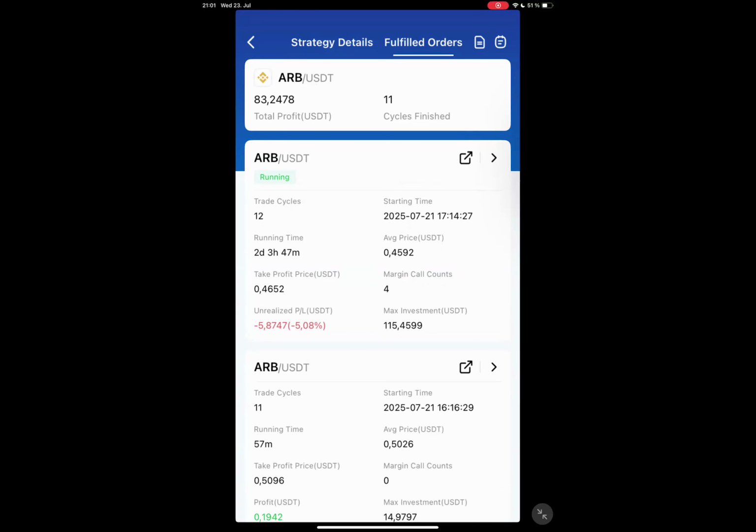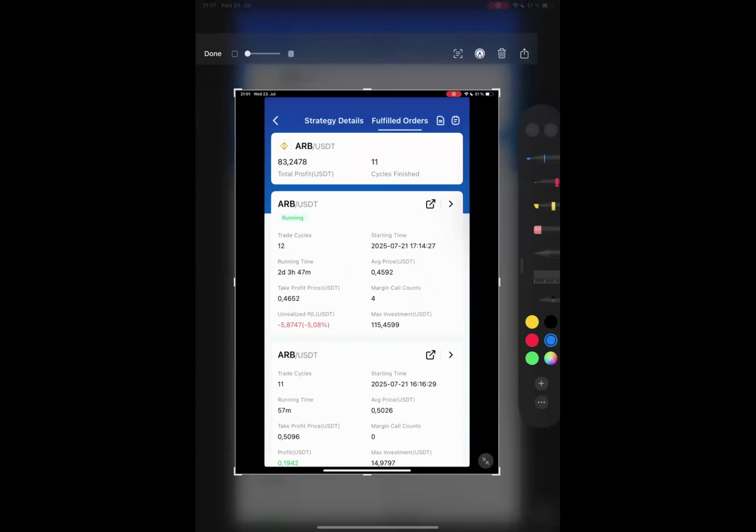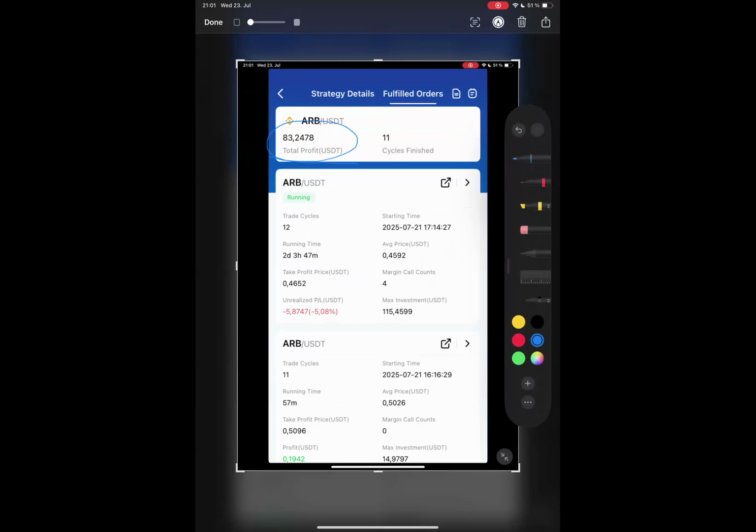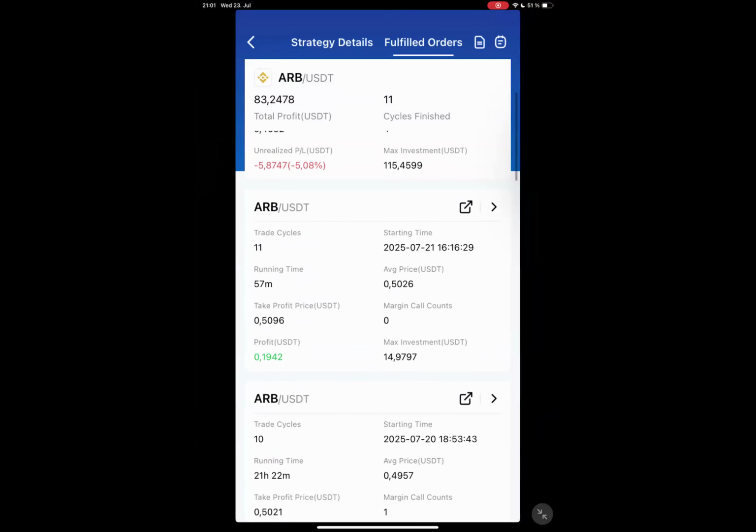So all this, the 11 cycle totals, is 12.2239. Now you might be wondering, then maybe the platform made a mistake. Why are they saying total profit 83 when the profit for each cycle adds up to 12.2239? It means the difference is from sub sells.